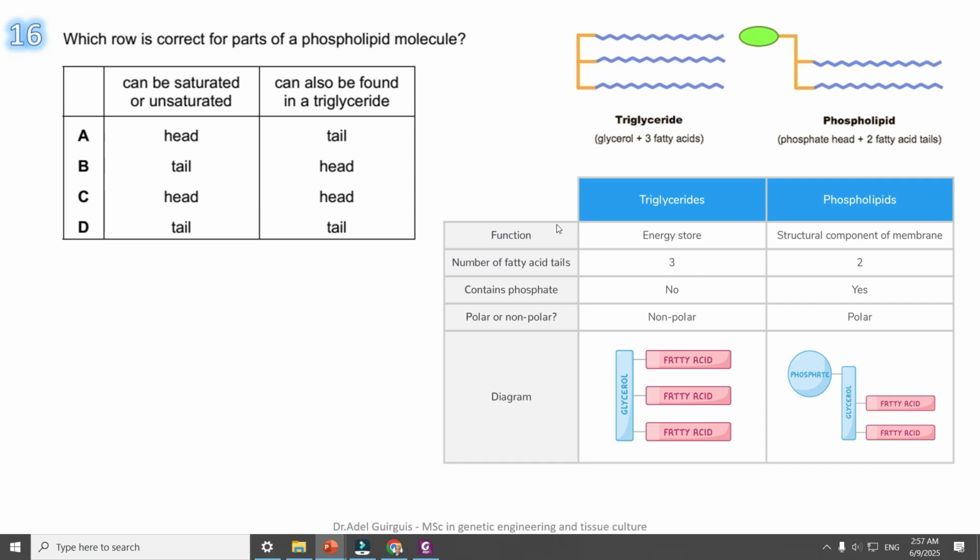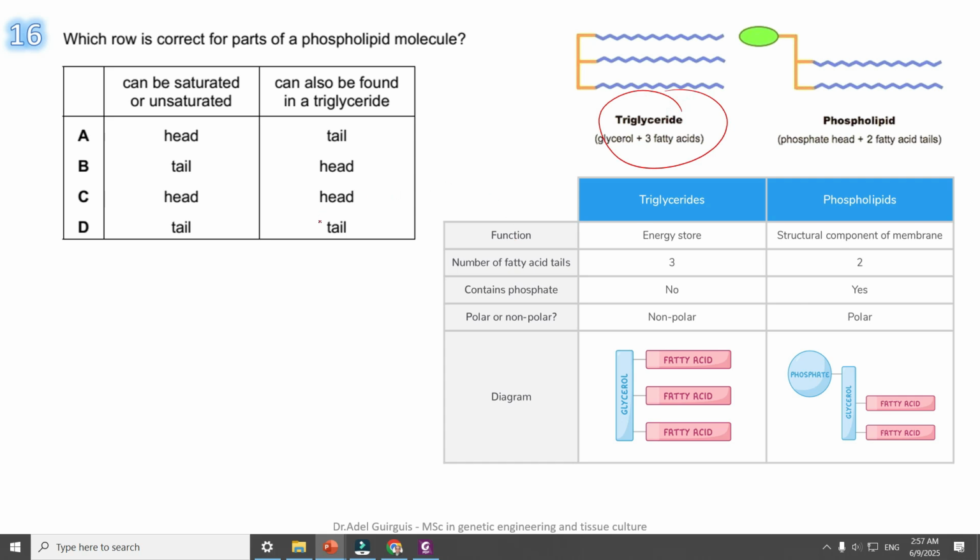Now return to the question: which row is correct for parts of a phospholipid molecule? Can be saturated or unsaturated is a term related to the tail, to fatty acids, so the answer is B or D. Can also be found in triglyceride. Here the tail can also be found in triglyceride.